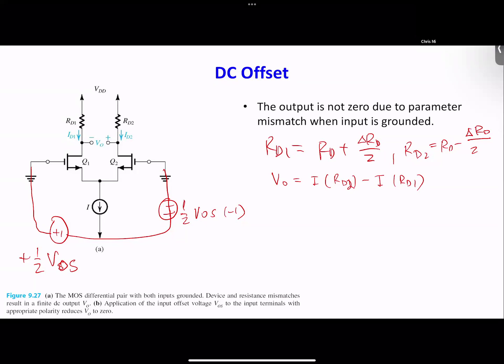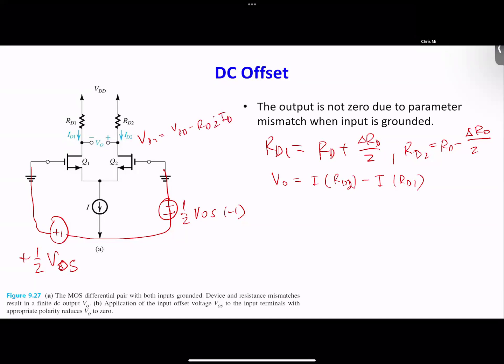Actually, we look at VD2 equal to VDD minus RD2 times ID, right?